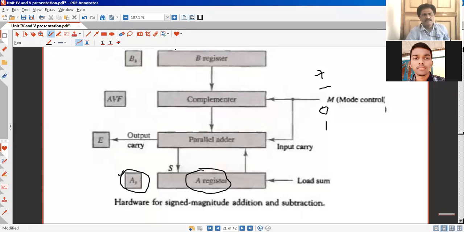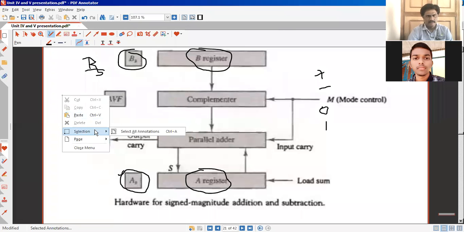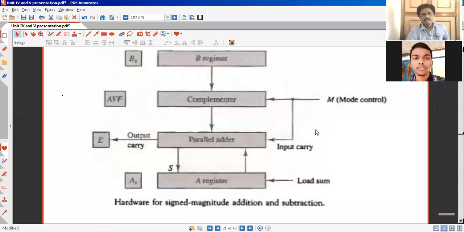Same way, the B value will be taken in the B register and the sign of B will be taken in BS. This is actually not visible to you. Same way here AS. And the A value here, B value here.